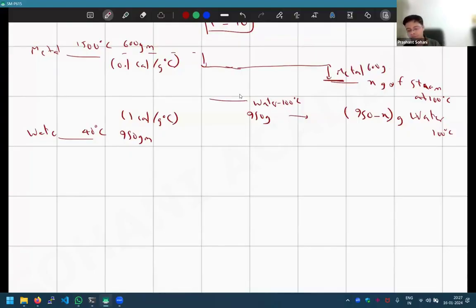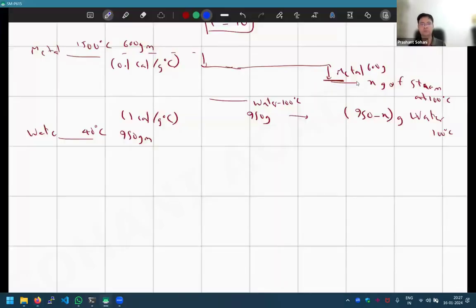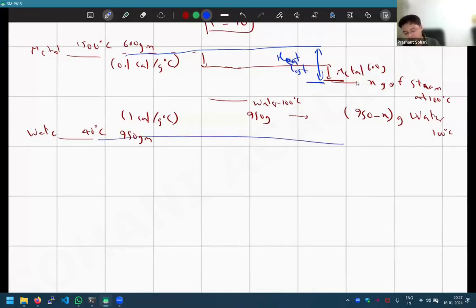And in this process, what is the most important principle? They have given this, and every time you see this sentence, that an insulated container is used, it means that no energy leaves the system and no energy enters the system. So the total heat lost by the metal has to be exactly equal to the total heat gained by the system.